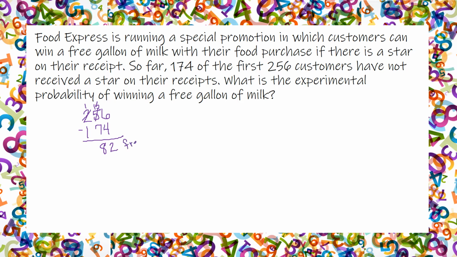So I'll put free. So 82 out of the total number of customers there, 256. And I am going to simplify that. I know both of these are divisible by 2.